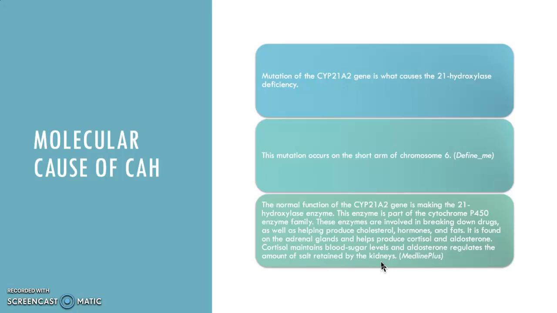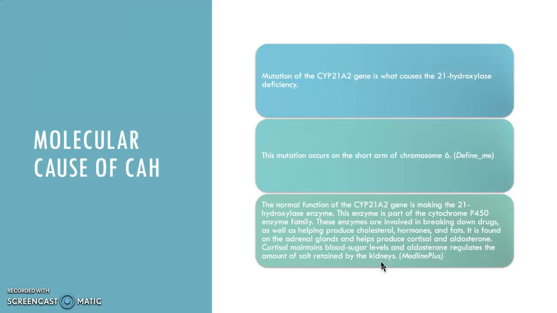The normal function of this gene is to make the 21-hydroxylase enzyme. What this enzyme does is break down drugs that we take, and it also helps produce cholesterol, hormones, and fats. Again, it is found in the adrenal glands, and the two major hormones that we're going to talk about are aldosterone and cortisol.